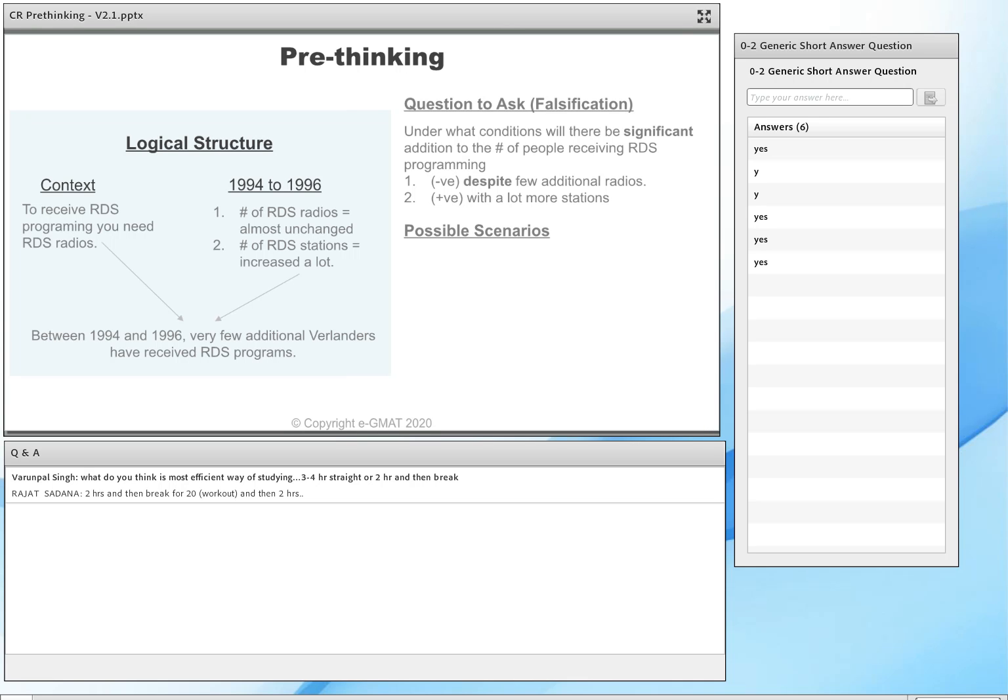So the question I'm going to ask is, under what conditions will I break my conclusion down? Under what conditions will there be a significant increase in the number of people receiving RDS programming if I have very few additional radios and a lot more transmitting stations? What are the possible scenarios in which I can break my conclusion down, in which I can falsify the author?